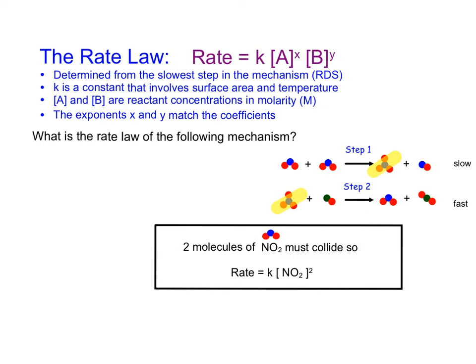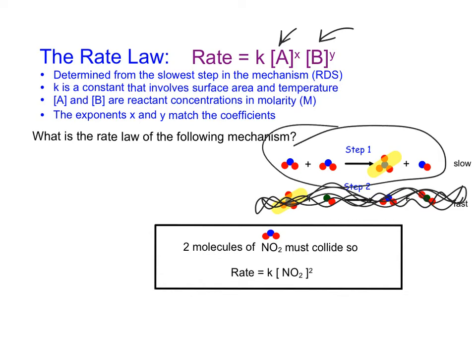If it'll write, that'd be helpful. There you go. Here and here represent concentrations, so molarity. And the exponents, those x's and y's, come about from the coefficients. So if I wanted to look at this example, I'm going to look at the slow step to determine my rate law, so I don't care about this thing right here. I'm only going to look at step 1, and the rate is going to be equal to rate equals k, a mystery constant you don't really have to worry about.